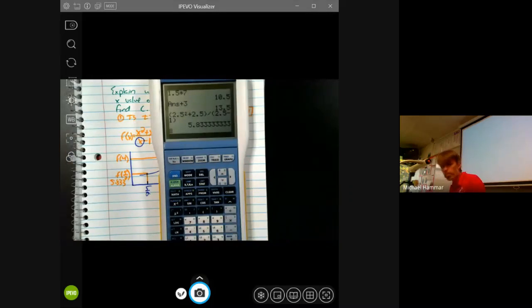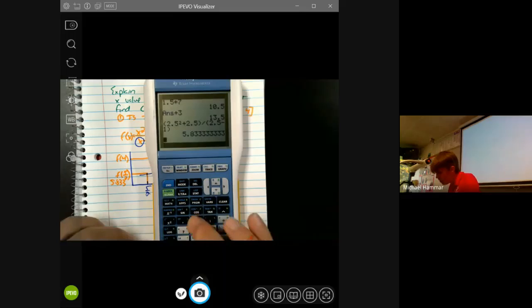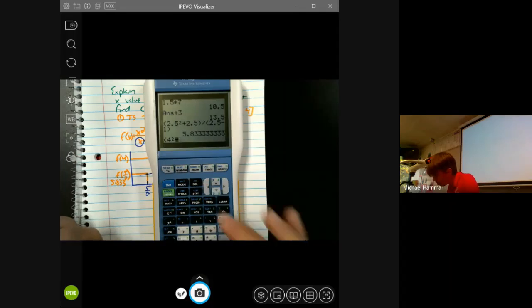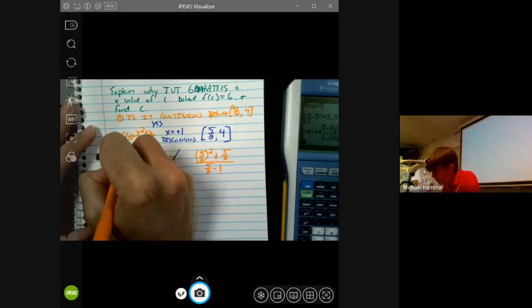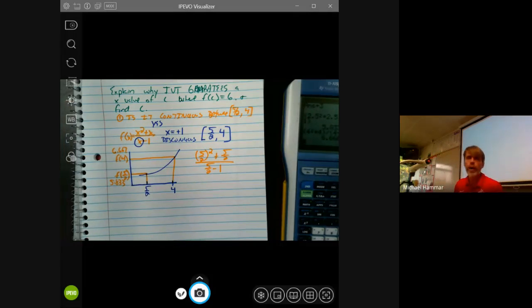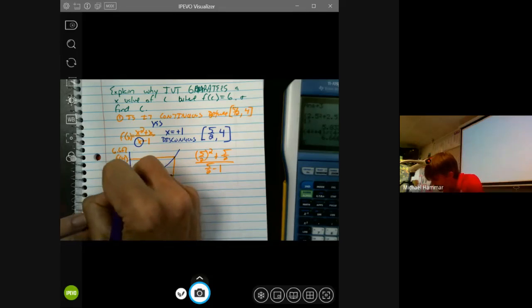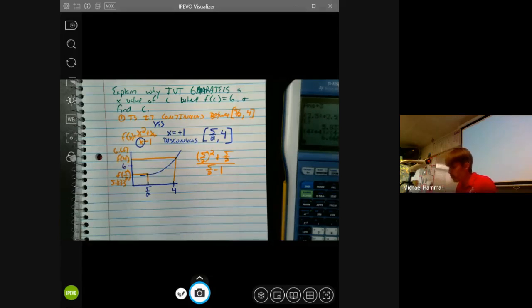Now, you also need to plug in the value of 4. So let's do 4 squared plus 4 divided by 4 minus 1, and that equals 6.67. So, why does it guarantee that there's going to be a value of 6? Well, is 6 found between 5.83 and 6.67?